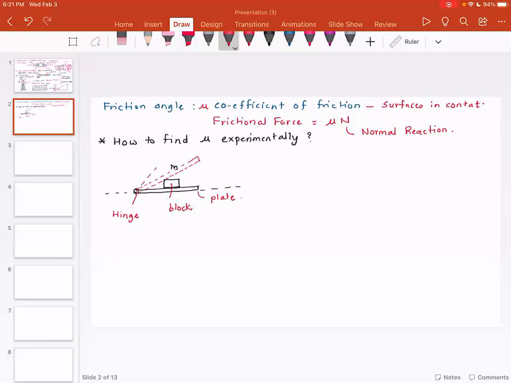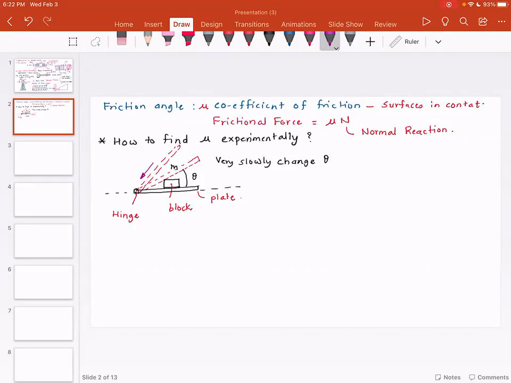So initially I make the plate go something like this, then I make the plate go something like this. Remember that this experiment is performed very slowly. Very slowly change theta, and I'm going to call this angle theta. You would observe that at a certain value of theta, the block will start going down on its own.